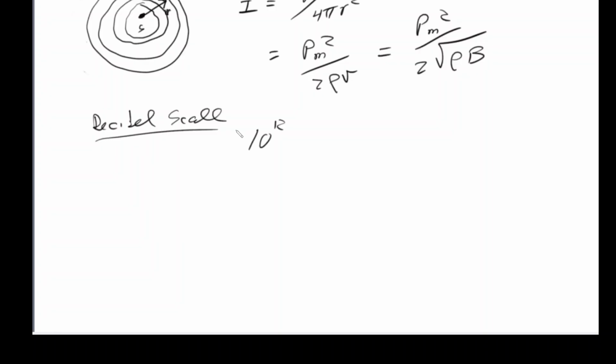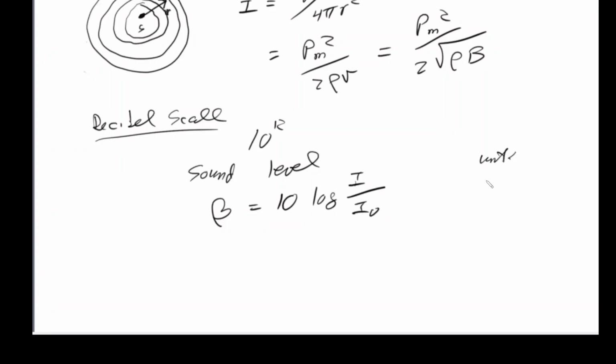And this is the sound level. And the sound level, beta, is equal to 10 times the log of I over I0. And the units are decibels.